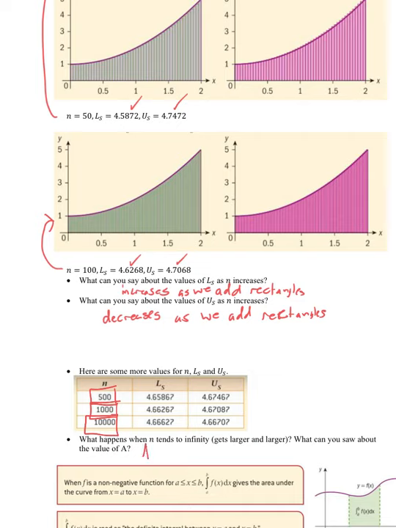Looks like the area is going to be approximately 4.667, or 4.666. But the total area is probably about 4 2/3. That's what's happening here. That's what this investigation is about.